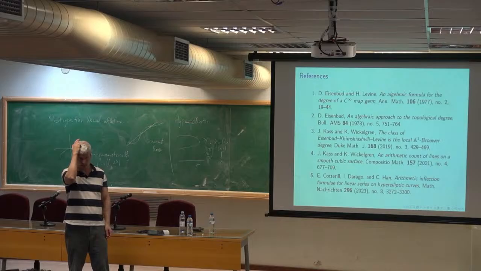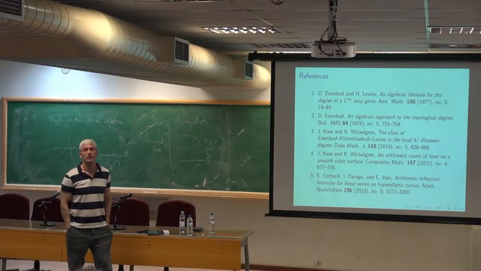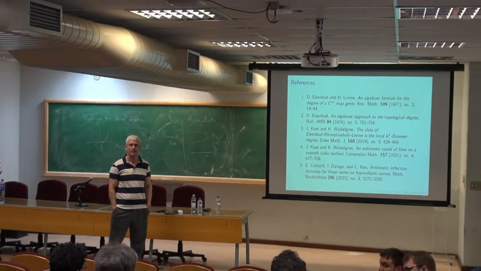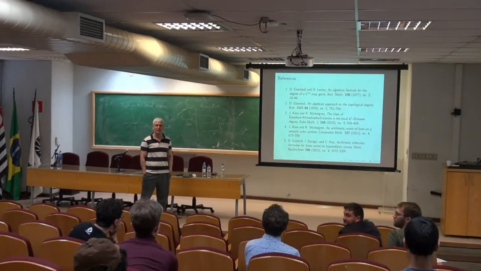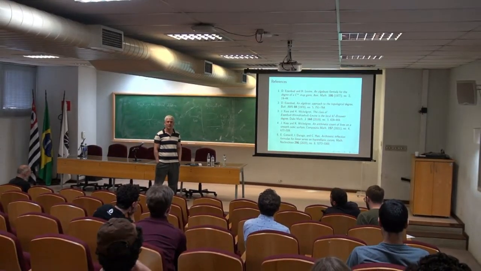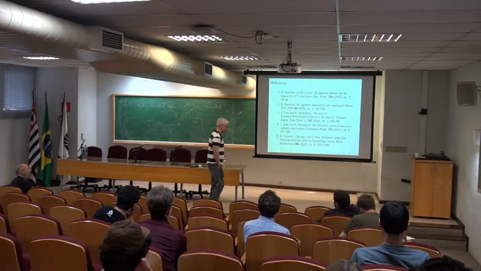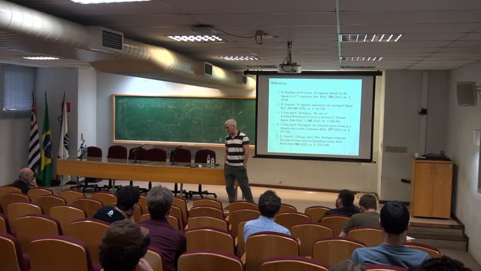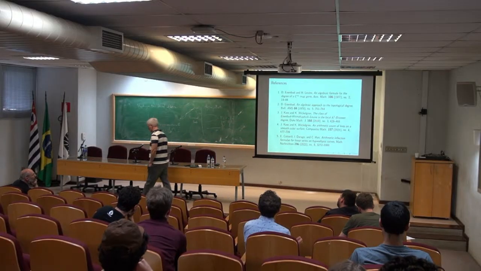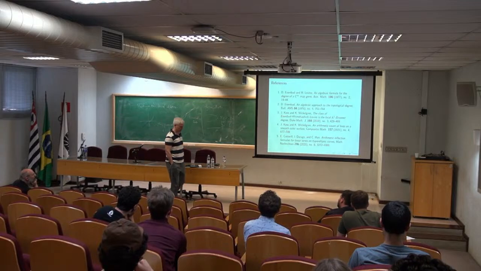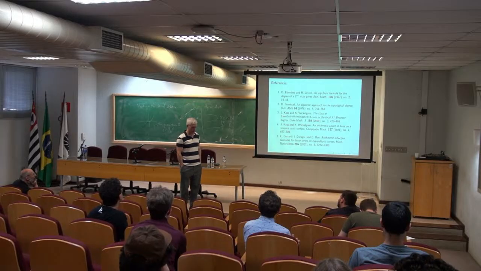Questions? Can you somehow quadratically enrich the counts of just the connected components of some real varieties, for example? I don't know what to say.